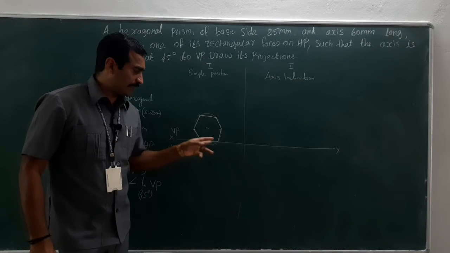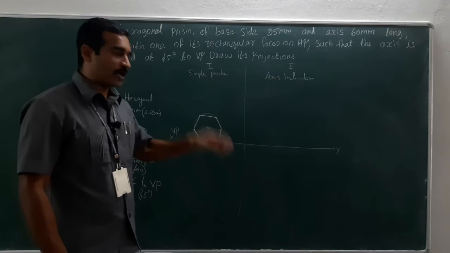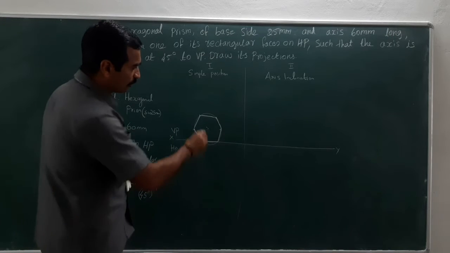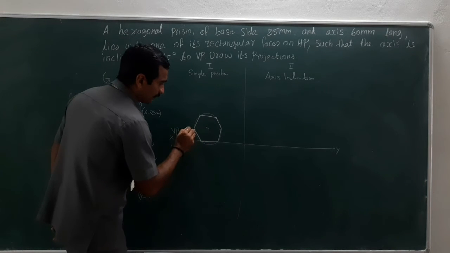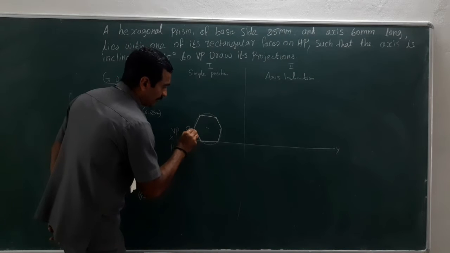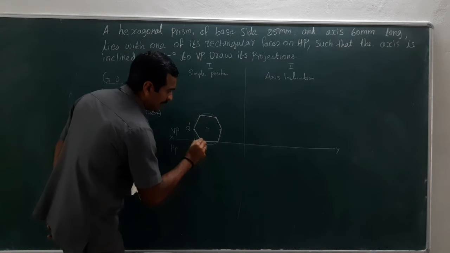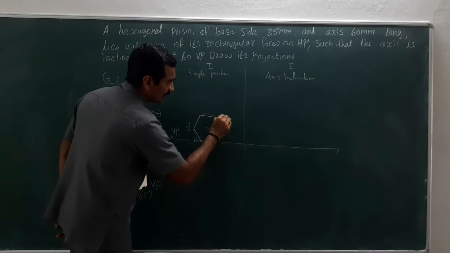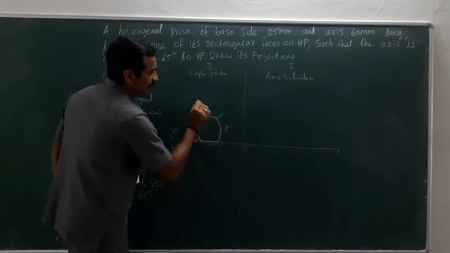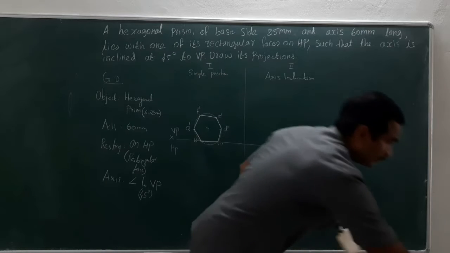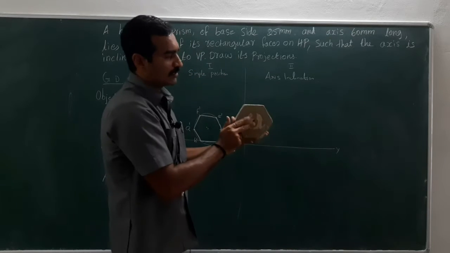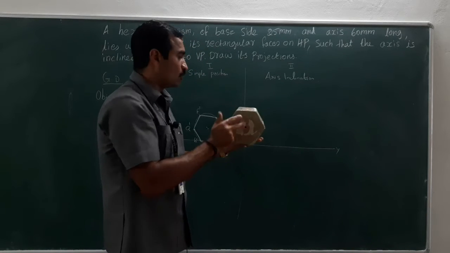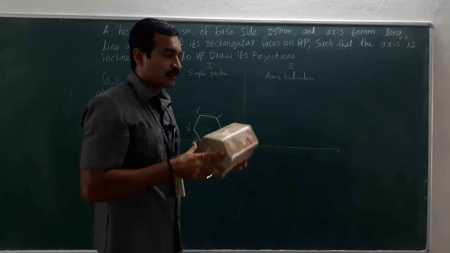Now look here. It is resting with one of the rectangular faces on HP. So now I am going to give the notation. Starting from here: A dash, B dash, C dash, D dash, E dash, and F dash. This is for the front face. What about the rear or bottom face?